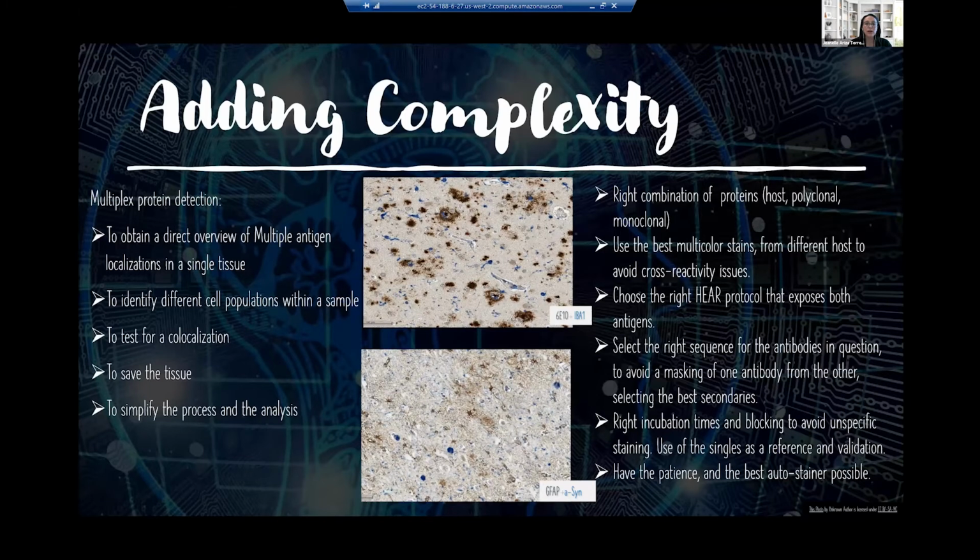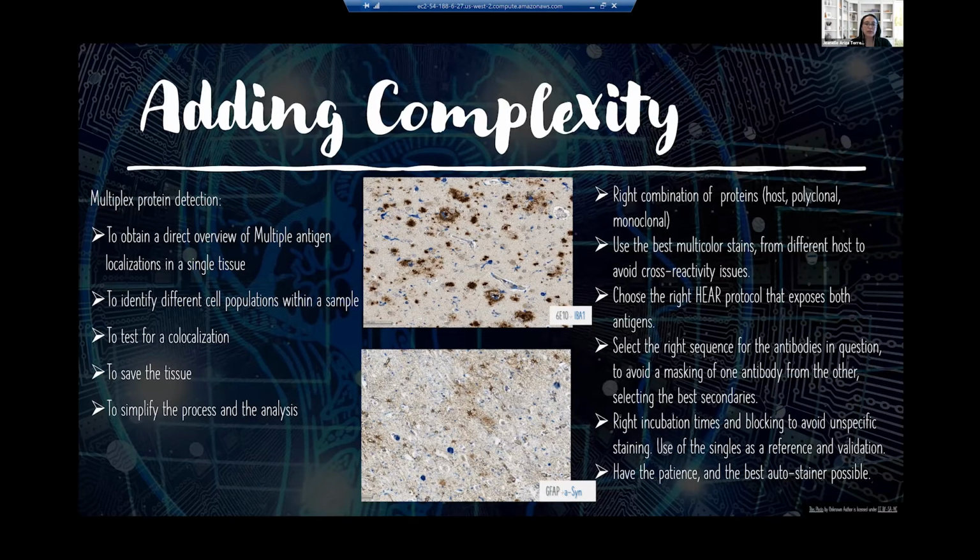And also, if you add the complexity of having multiplex target proteins in your tissue, you have to also keep in mind the right combination of proteins, the host of the antibodies, if it's polyclonal, monoclonal.